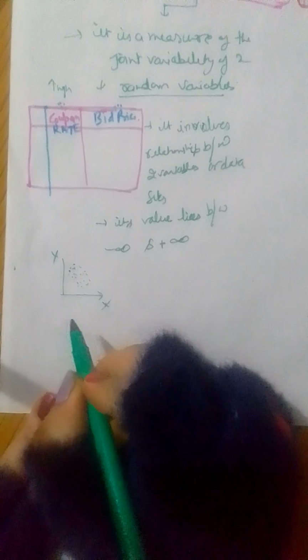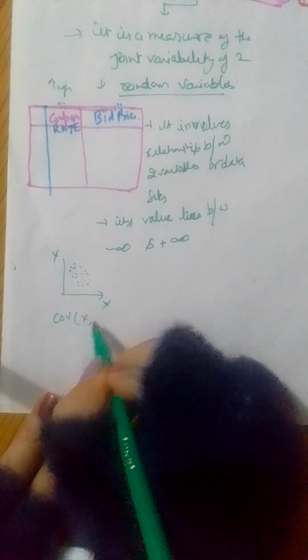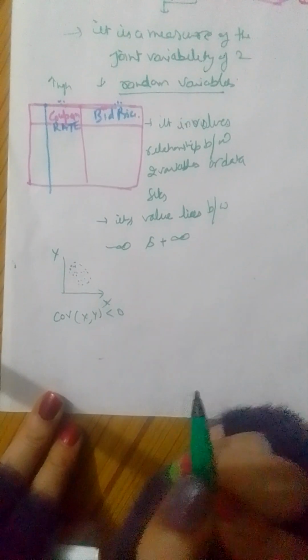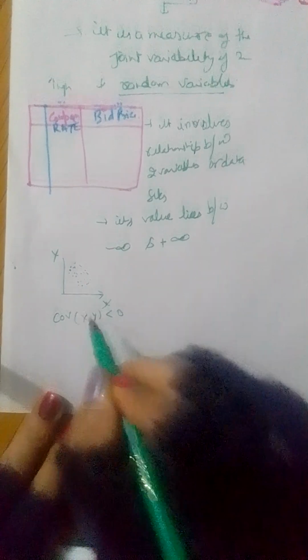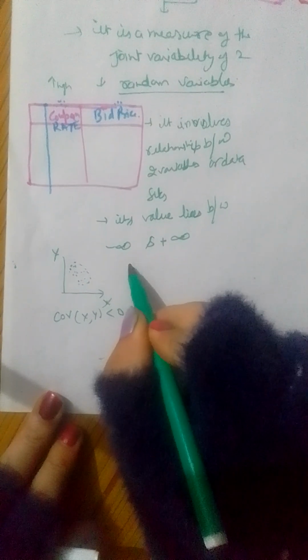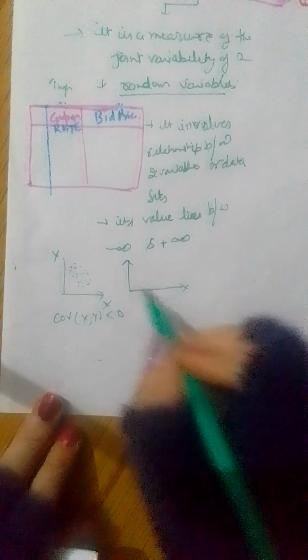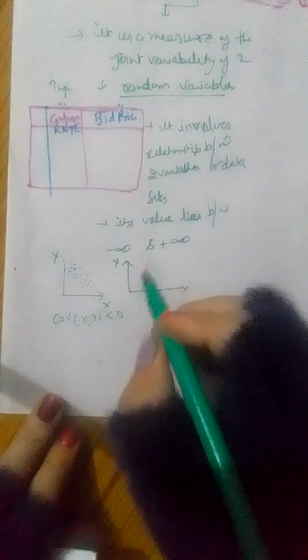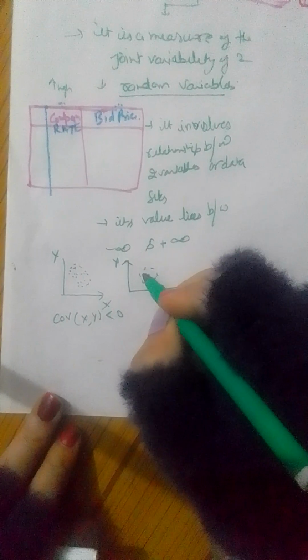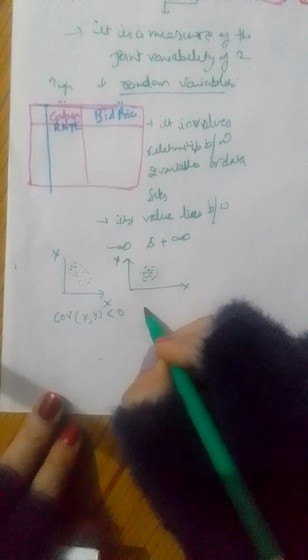So after checking that measurement, suppose the structure comes like this, xy. What does that represent? It represents covariance of xy is less than 0. If the variability of xy comes like this, round, what does that represent?